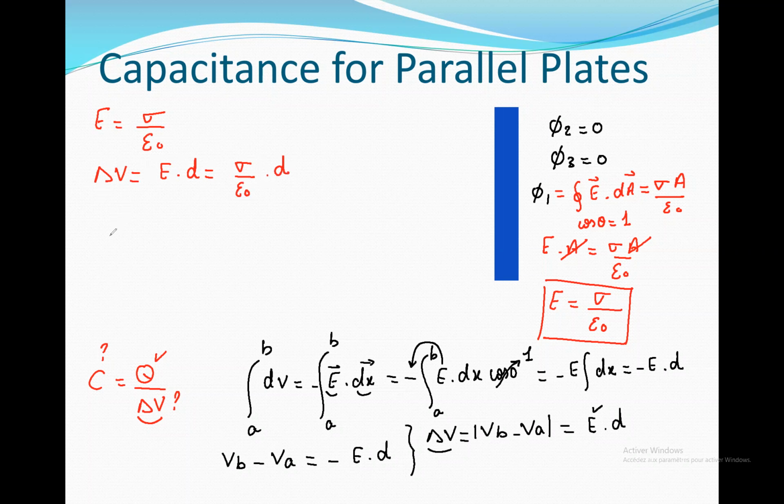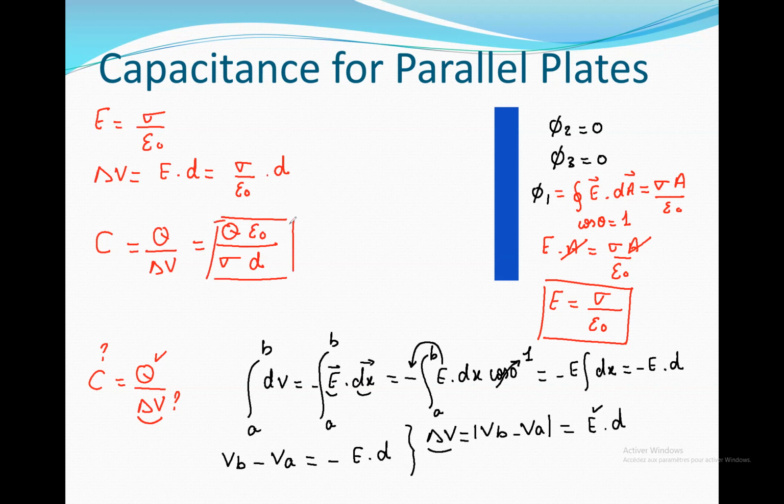I need to calculate C. C equals Q divided by delta V equals Q divided by delta V equals sigma d divided by epsilon.